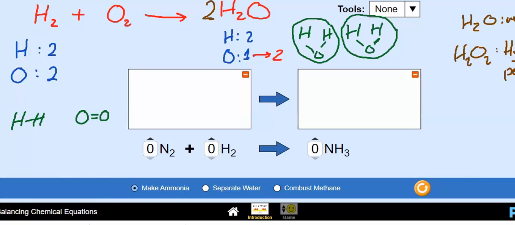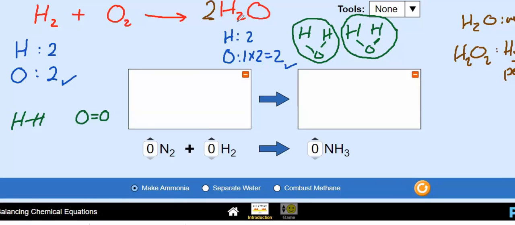So now if I calculate the number of oxygens, it will be the subscript of oxygen times the coefficient of oxygen. So the subscript here is 1 times the coefficient, which is 2. This will give you 2. So now oxygen is balanced. But I have a problem. In the process of balancing oxygen, I messed up the hydrogen.